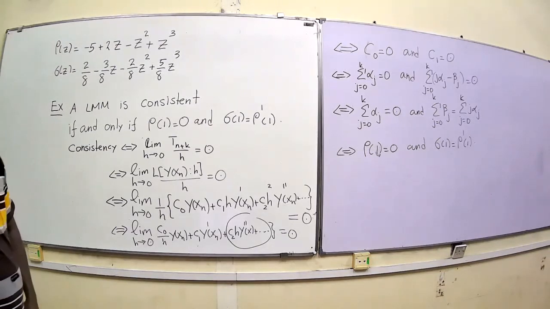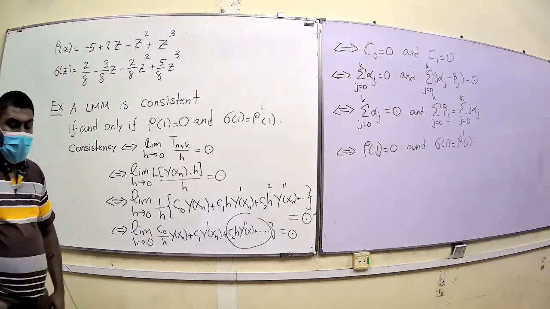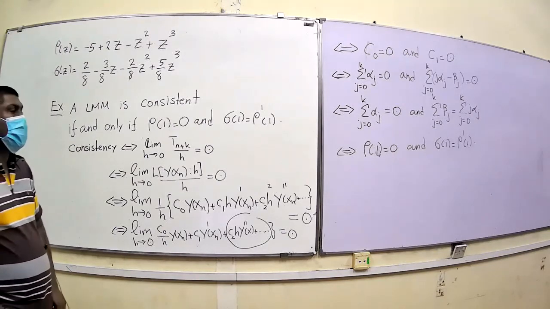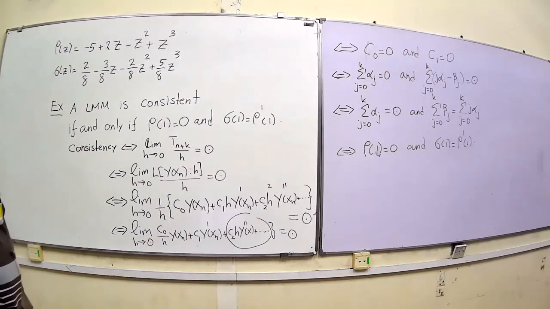So instead of taking the whole limit and setting that equal to 0, you could have easily checked whether the first characteristic polynomial is 0 at 1 and the second at 1 is the same as the derivative of the first at 1. That is how you can verify the consistency of the method.